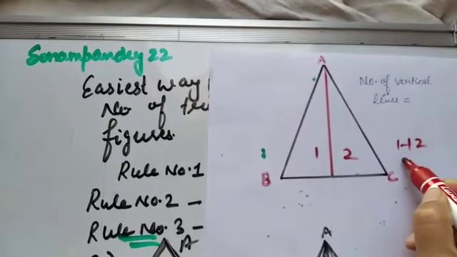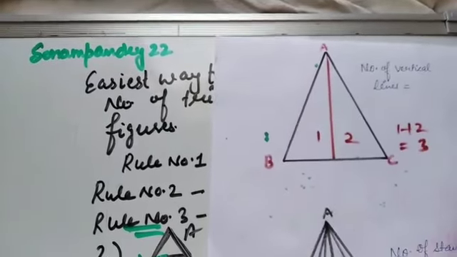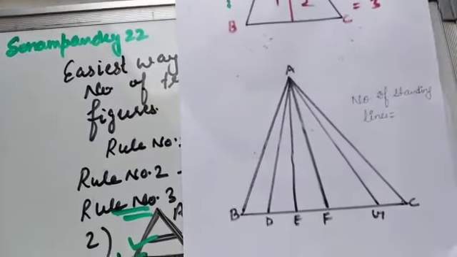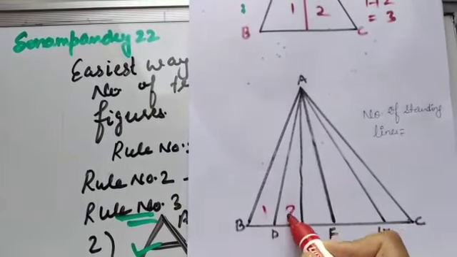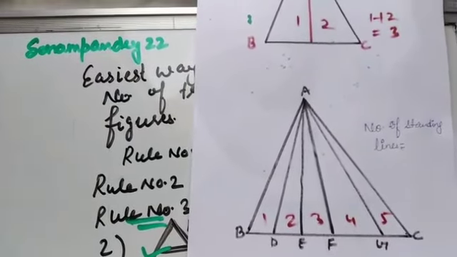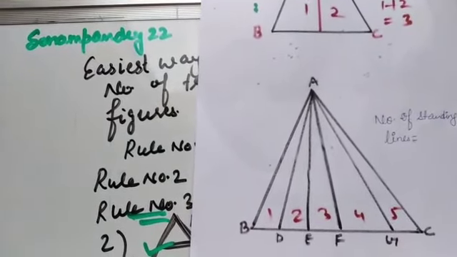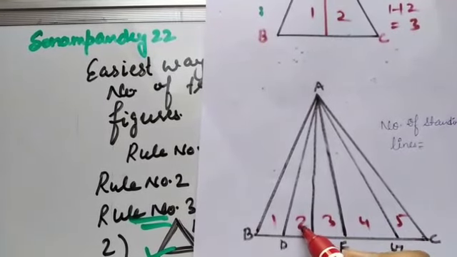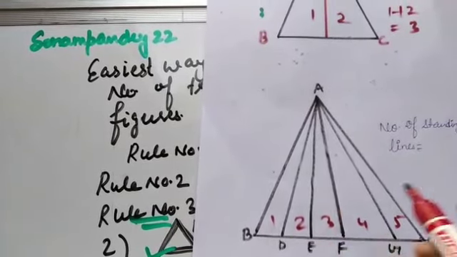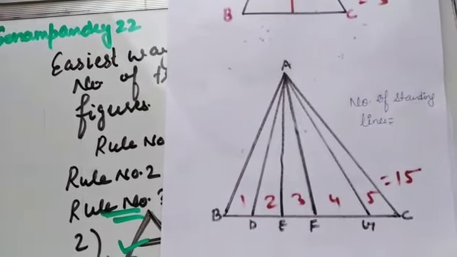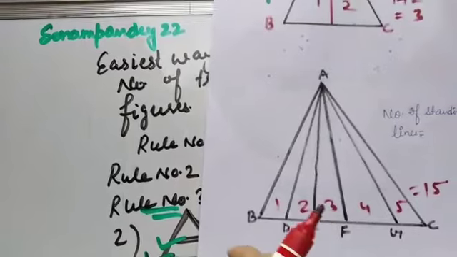Now 1 plus 2 will be 3. For this also you can see another example, 1, 2, 3, 4, 5. Add them, then you can get the number of triangles. 5 plus 4 is 9, 9 plus 5 is 14, plus 1 is 15. So we will get 15 triangles.